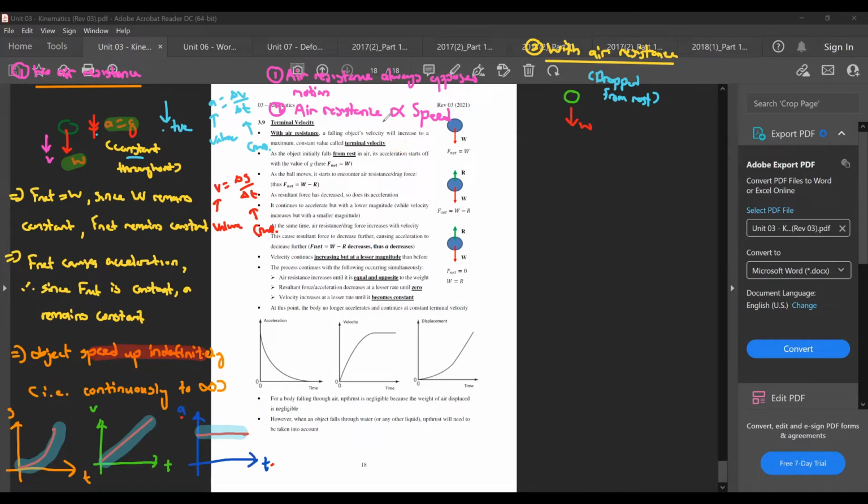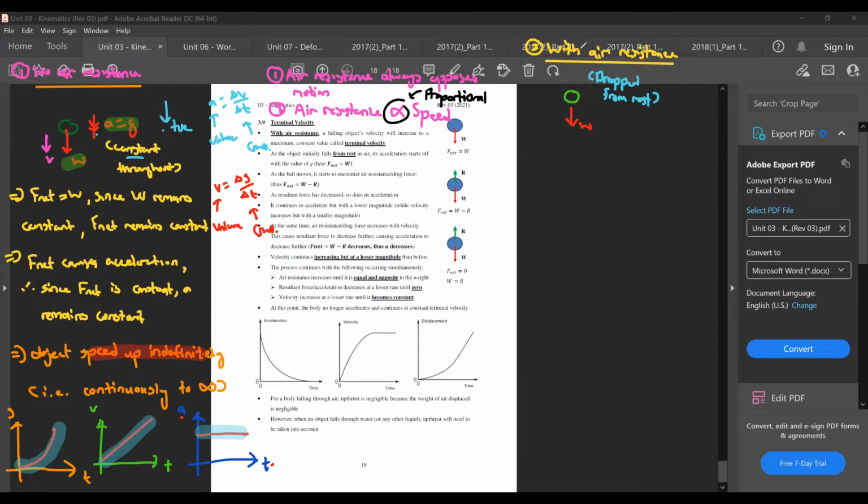So the larger the speed, the larger the resistance. It makes sense, right? Common sense will tell you the faster you go, the more resistance you encounter, and the slower you go, the less resistance you encounter. This is important to explain for something that falls with air resistance.